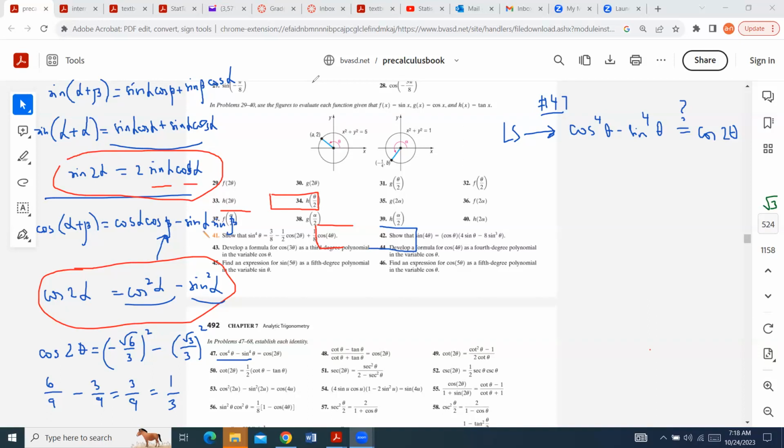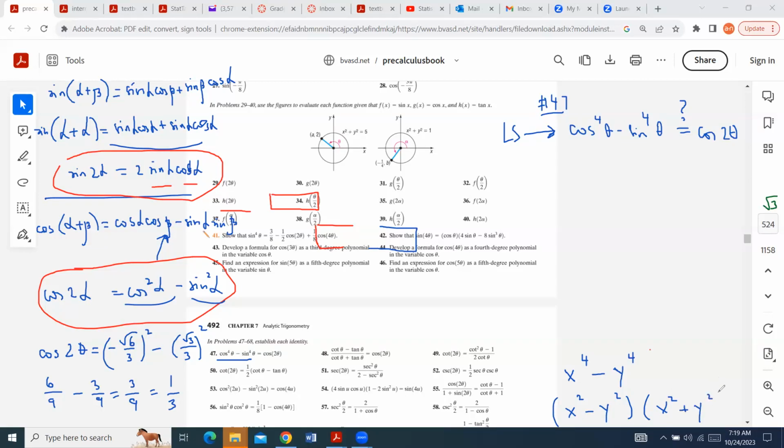Simple. So anyways, here's the cosine to the fourth minus sine to the fourth. So what do you do when you have x to the fourth minus y to the fourth? Well, you factor it, right? You use that difference of two perfect squares. X squared minus y squared multiplied by x squared plus y squared.